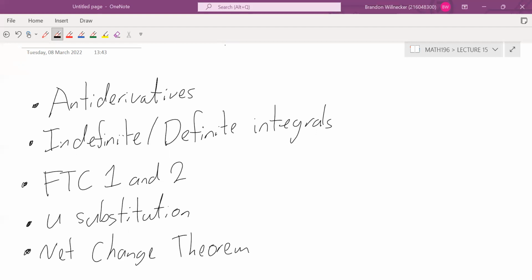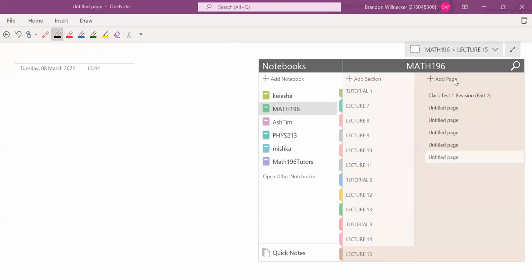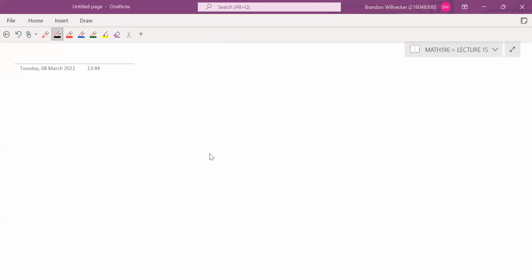Sir, is it possible if you can do like another distance example? Okay, sure. Yeah, I can do that. So this is part of the net change theorem bit. Okay, so I'll just do a simple example here.